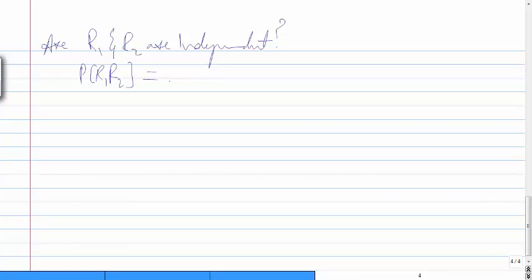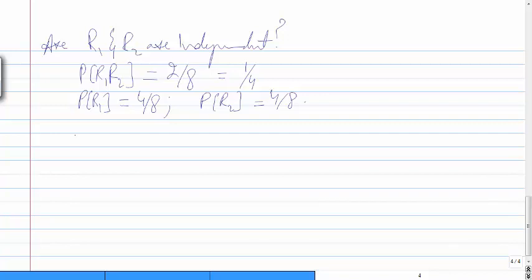When we do that, it becomes 2 by 8, that is equal to 1 by 4. Now we already calculated the probability of R1, that is equal to 1 by 2. It's better to write this as 4 by 8. Similarly, the probability of R2 is again 4 by 8.